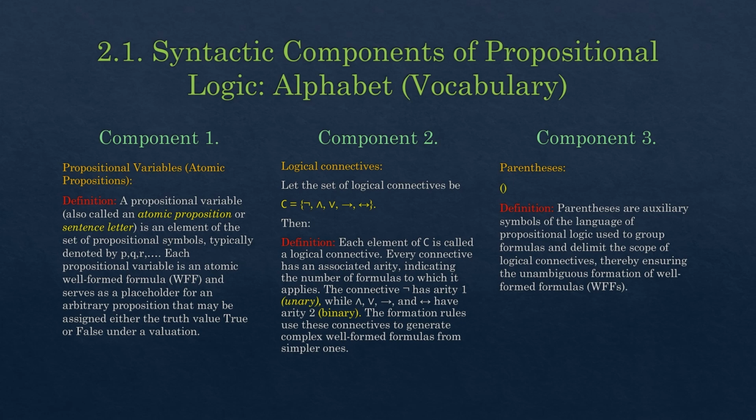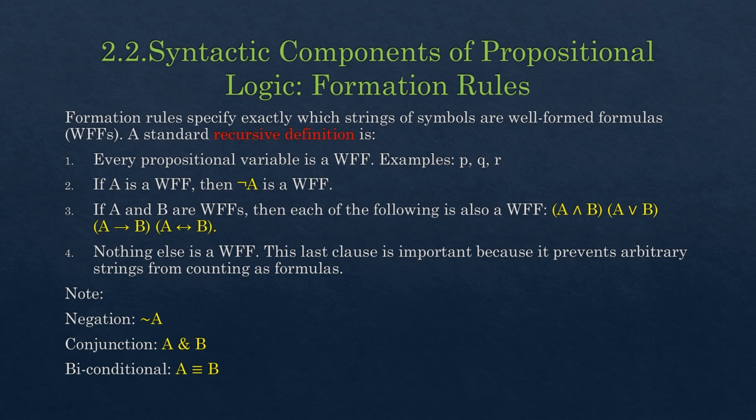And we can move on from the syntactic components of propositional logic, but in this slide we will discuss formation rules. And what can we say about this matter? Formation rules specify exactly which strings of symbols are well-formed formulas. A standard recursive definition is: every propositional variable is a well-formed formula, examples P, Q, R. And the second is: if A is a well-formed formula, then not A is a well-formed formula too.